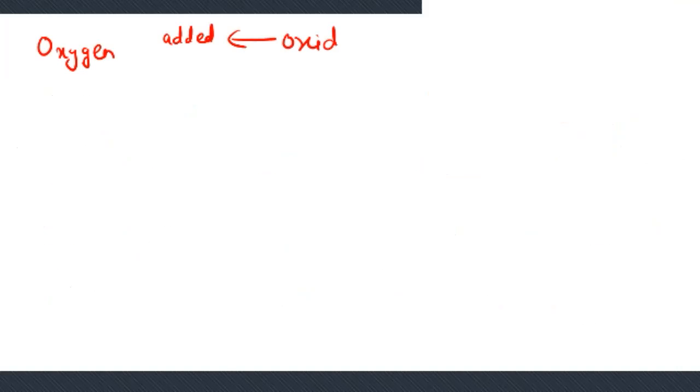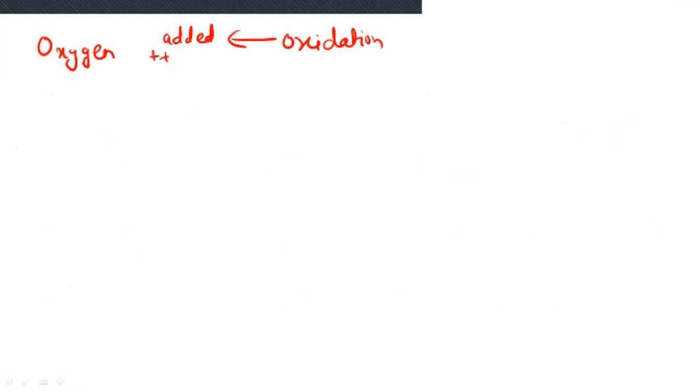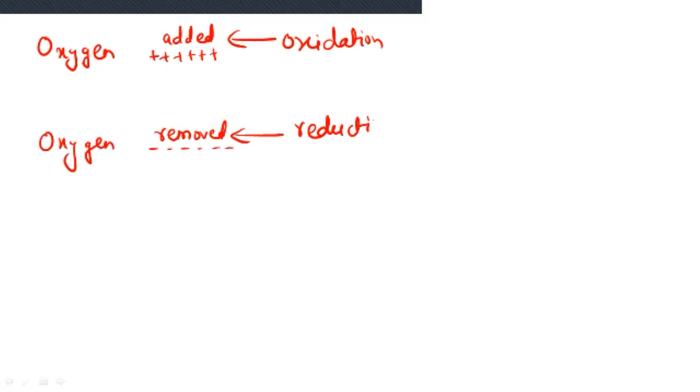So here what I'm saying, when oxygen is added, then it is oxidation, right? तो यहाँ पर ऑक्सीजन का एडिशन हो रहा है, तो ऑक्सीडेशन. ऑक्सीजन को हमने रिमूव कर दिया, oxygen is removed, माइनस कर दिया, तो then it is called reduction. सो एक और पॉइंट आता है, कि ऑक्सीडेशन को हम ऑक्सीजन के टर्म में ना डिफाइन करके कुछ और भी तरीके से डिफाइन कर सकते हैं, and that is, हाइड्रोजन के साथ.